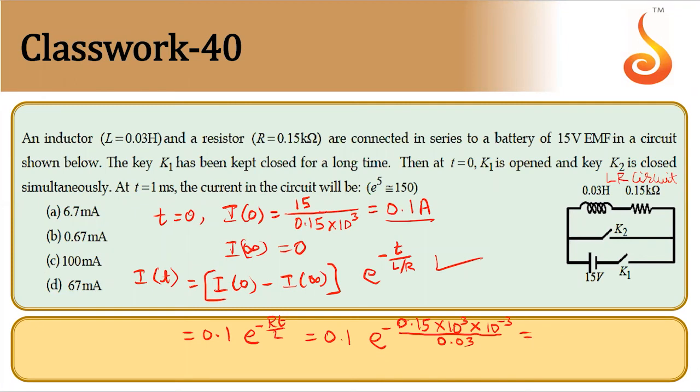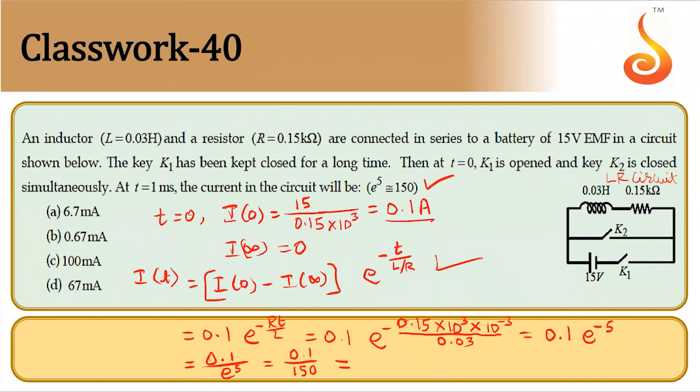So that will turn out to be 0.1 into e to the power minus 5. So that is 0.1 divided by e to the power 5. E to the power 5, they have given it as 150.